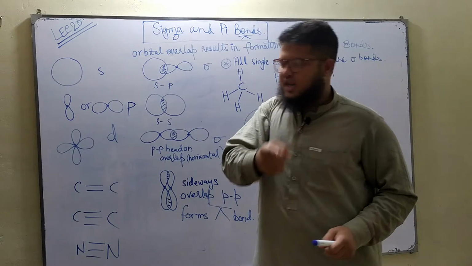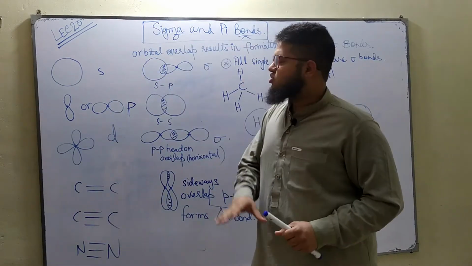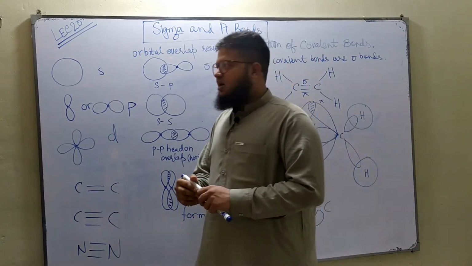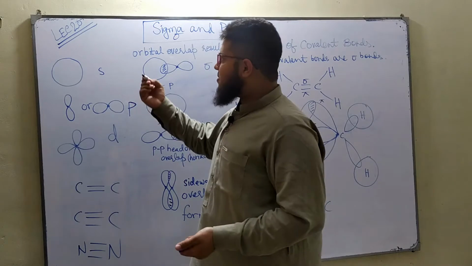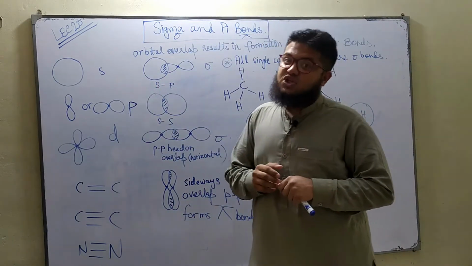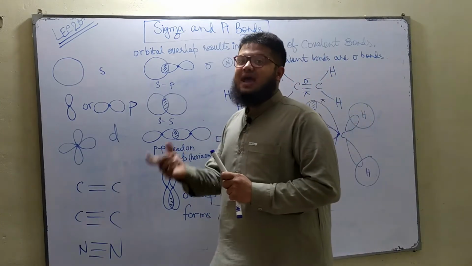So let's begin now. Before we move on to the sigma bonds and the pi bonds, you must know the shapes of the different orbitals which you've studied so far. Remember the definition of an orbital? An orbital is basically the region of space in which the probability of finding an electron is maximum.